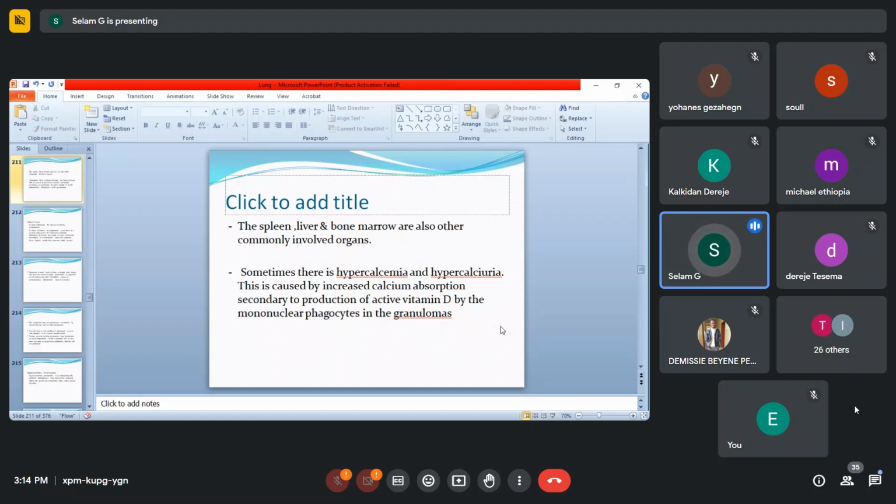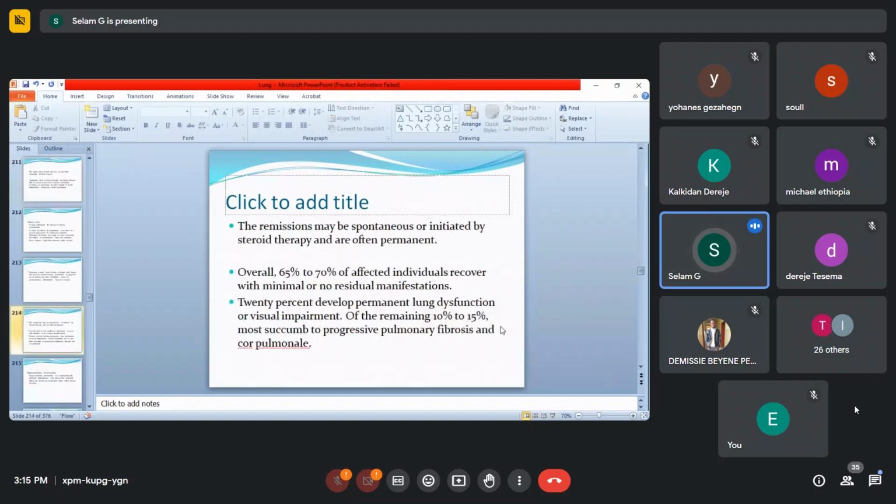If you misdiagnose a TB patient as sarcoidosis and he gets treated with steroids, you are writing a death sentence for that patient. So getting the diagnosis right in this case is very important, as the diagnostic modality and the treatment modality are so different and opposite.